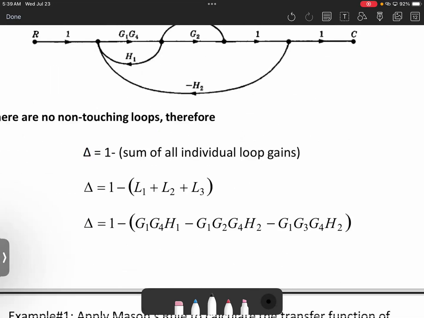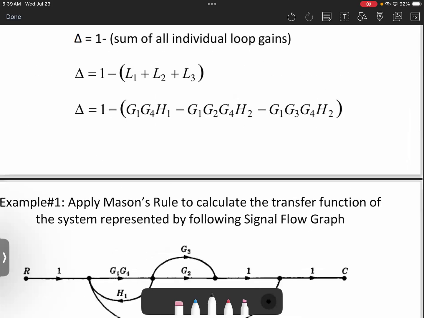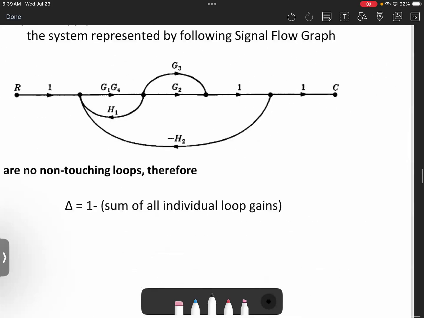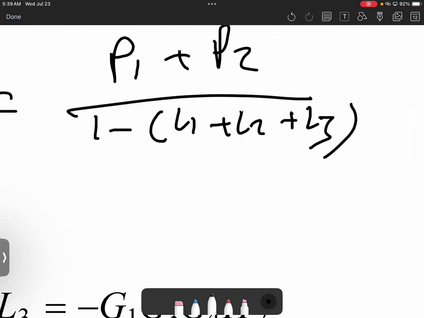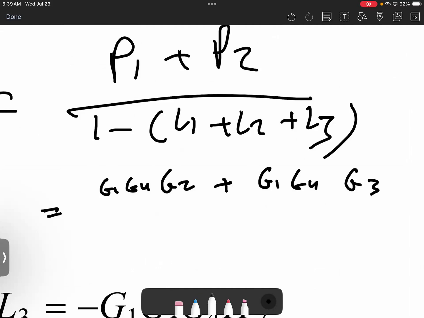Where is it? We can substitute it here. The gains, I don't have enough space. Let's substitute it here. P1, it was what? Do you remember? G1, G4, G2 plus. How about P2? G1, G4, G3 divided by 1 minus.